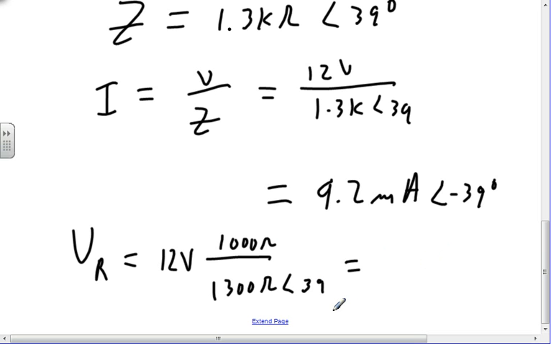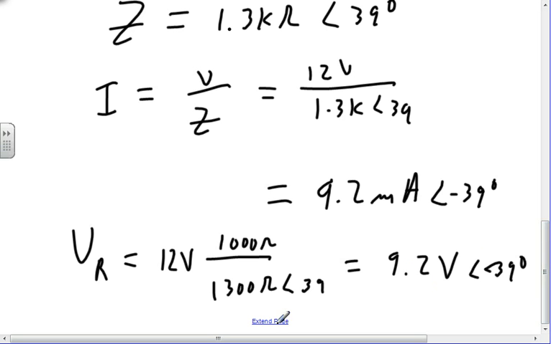So the voltage across the resistor, 12 times 1,000 divided by 1,300, magnitude 9.2 volts. Well, I could have gone and taken the current too, I guess, multiplied times the resistance. Angle minus 39 degrees.